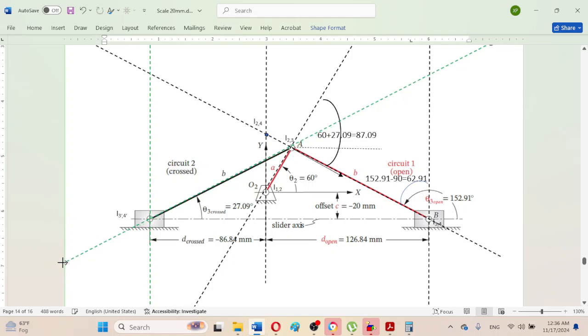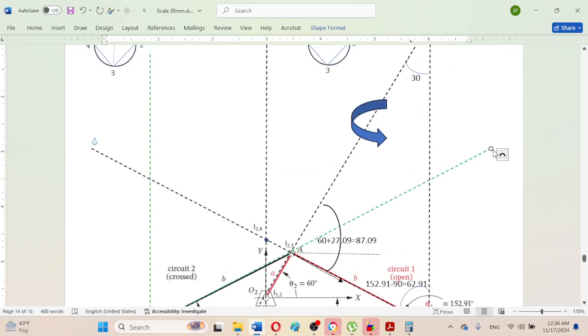Place it exactly overlapping on the link as much as possible. Its length is arbitrary.